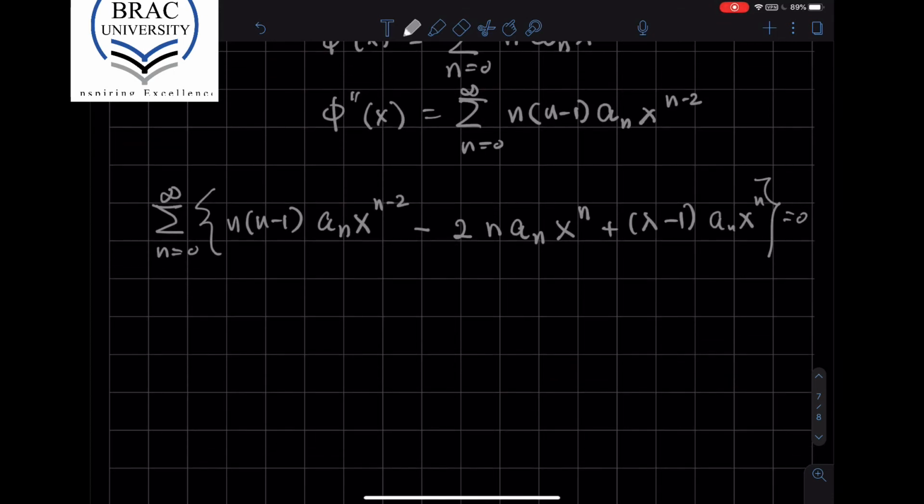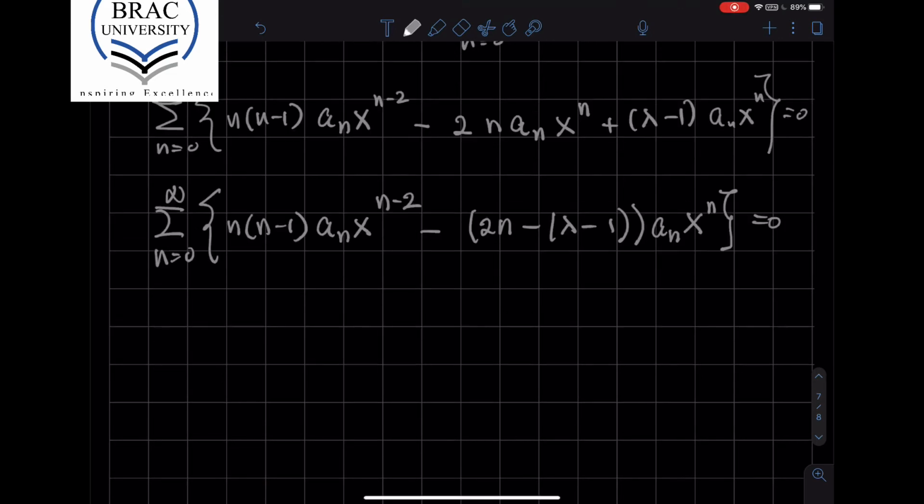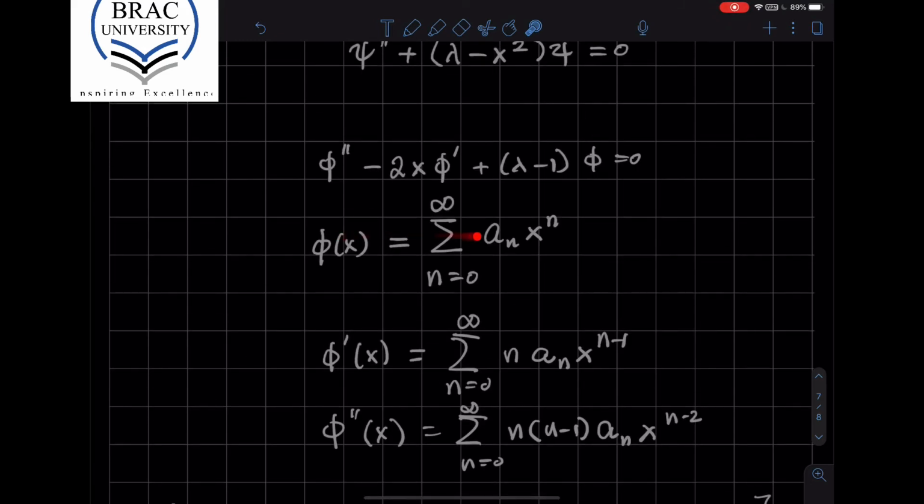Before we impose that condition, let's rewrite this in a slightly tidier form. What is the lowest exponent of x in this equation? When n is 0, we see that the exponent of x is going to be 1 over x squared. So we start with 1 over x squared. And what is its coefficient? The second term is not going to contribute, because a with subscript n less than 0 is 0, since our series ansatz just starts at n equals 0.